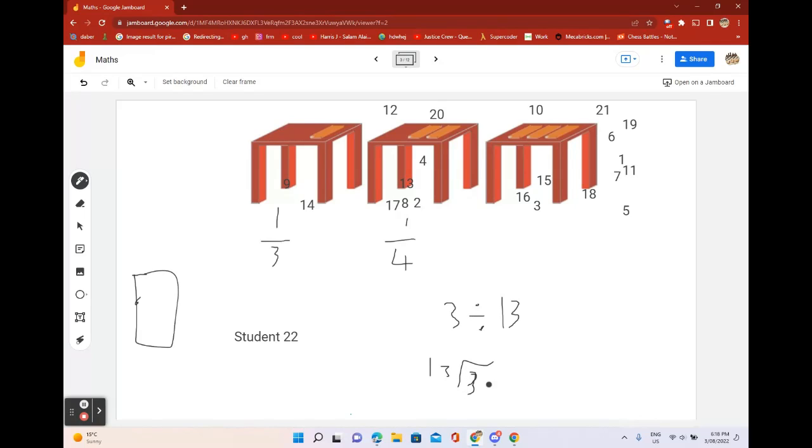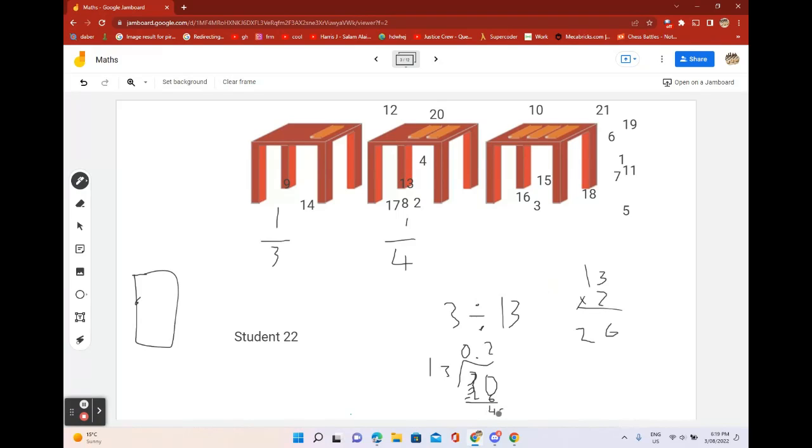We know that we have to add a 0 here. We're going to trade that for the 0 and the decimal point. And now we ask ourselves, how many times does 13 go into 30? 2 times over here, as we can see, it goes up to 26. So if we put a 2 over here and we put 26 down below here, we're going to get a 4.